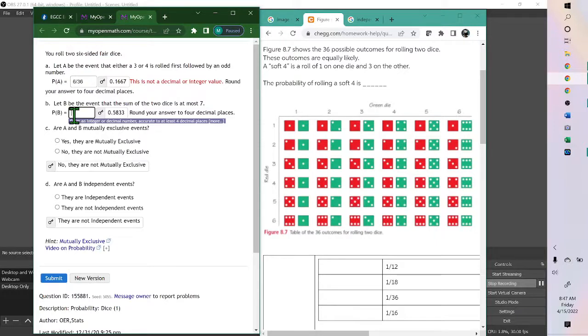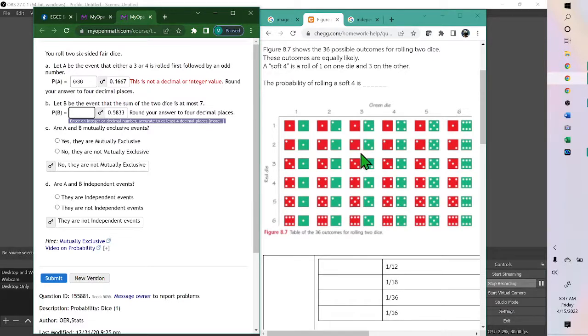The second one is the event that the two added together are at most 7. So at most 7 means 7 and below. When we look at the first column, all of these are 7 or below because this one adds up to 7, 6, 5, 4, 3, 2. So it would be all 6 of these. The next one, it would be all of them up to here, so 5.